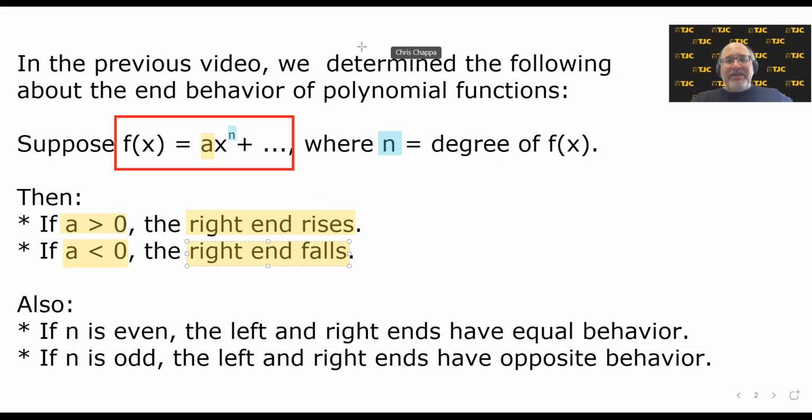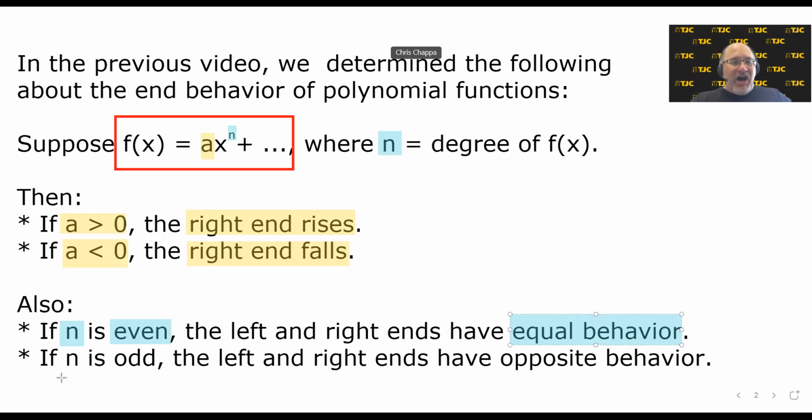And the degree tells you the relationship between the end behavior of the left end and the right end. If the n is even, then the left and right ends have equal behavior, meaning that they both point up or they both point down.